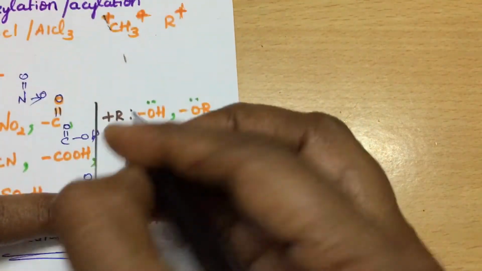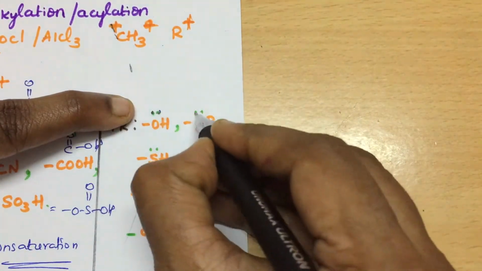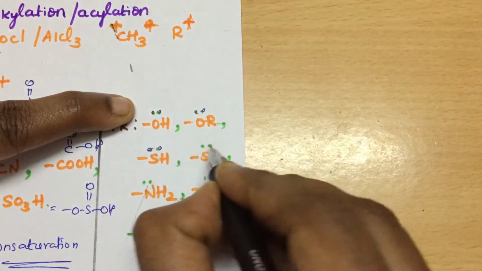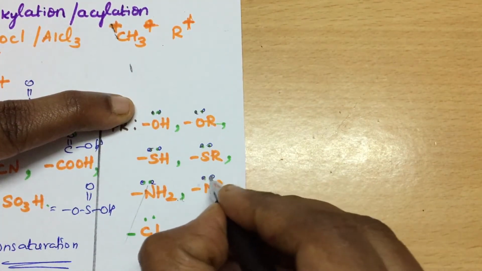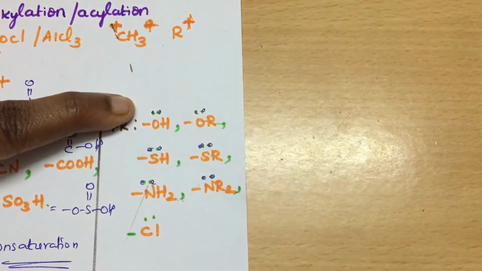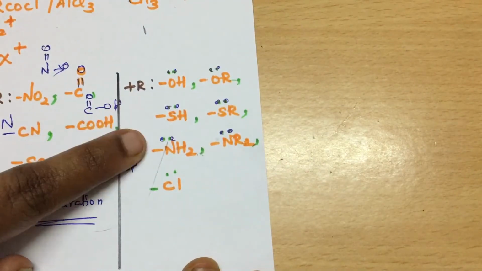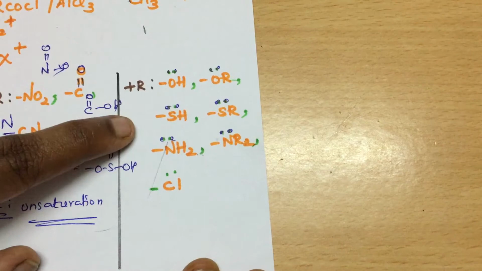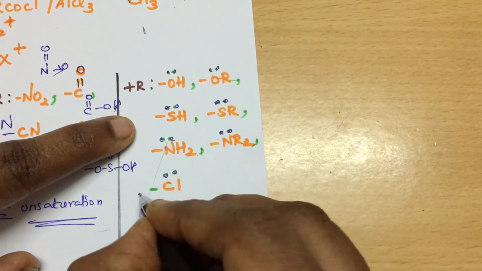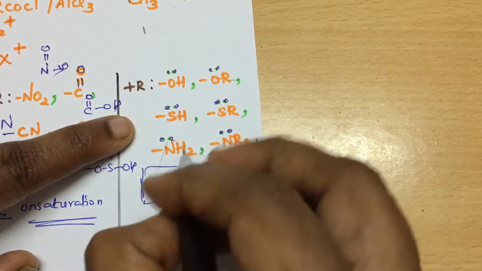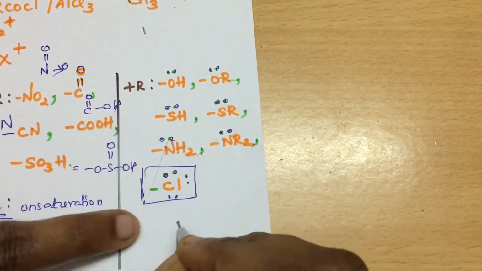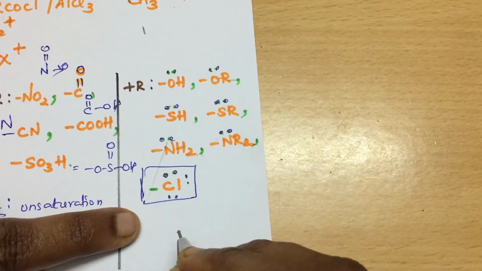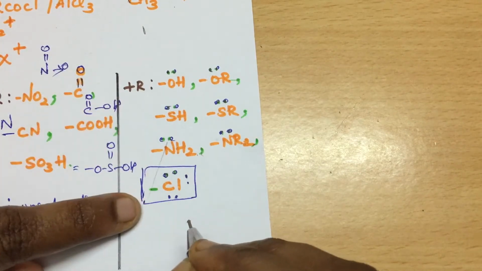Okay, plus R. So see, they are rich people, they will be having a lot of electrons. In our society, people having money are rich people, and in organic chemistry, rich people are the ones having electrons. Okay, so this is a peculiar case. Halogens will be having 3 lone pairs, but they will not have the tendency to give, but still they come under this category.